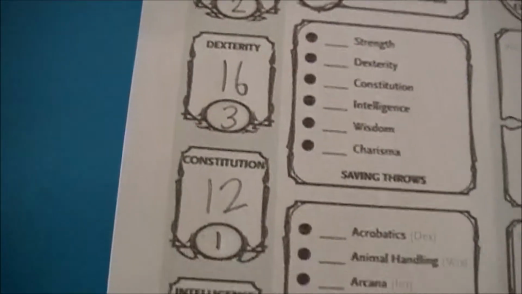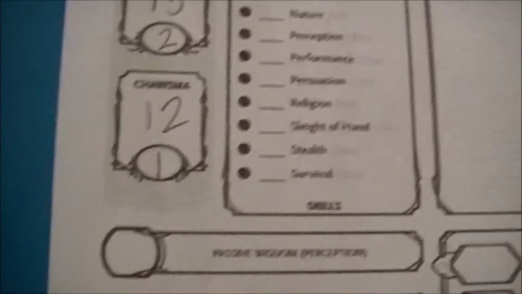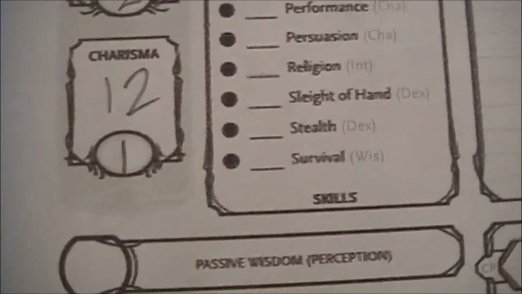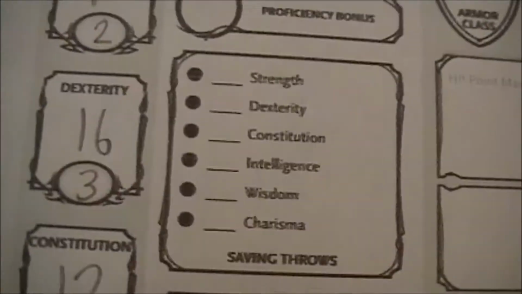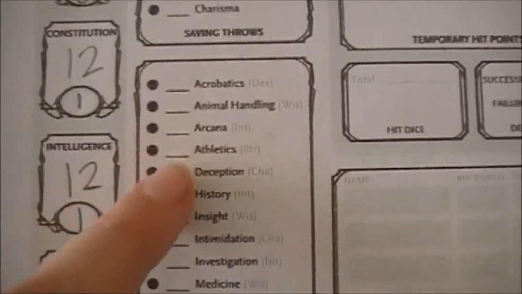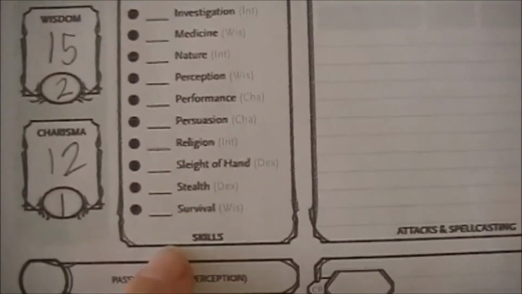Here are the modifiers for all of my stats, and then I'll fill in those numbers with these skills here. The smaller number would go into all of these skills right there.